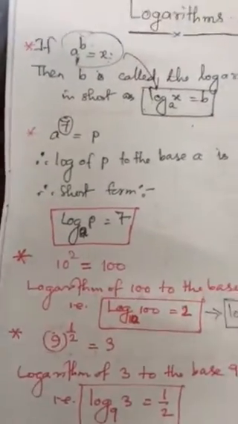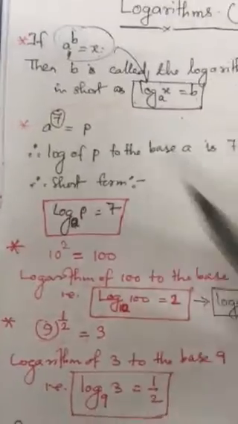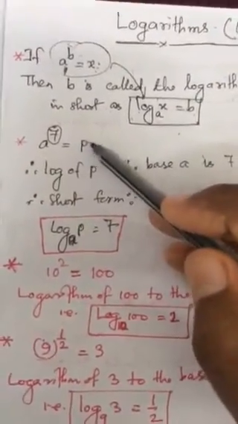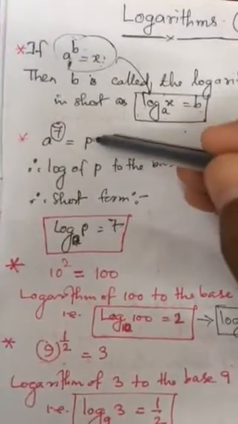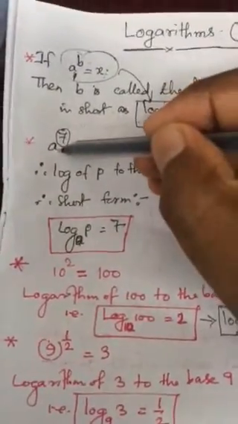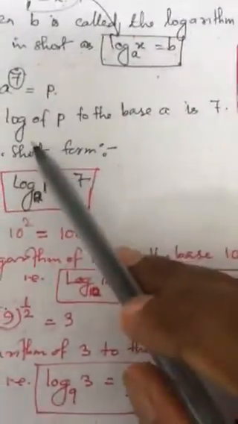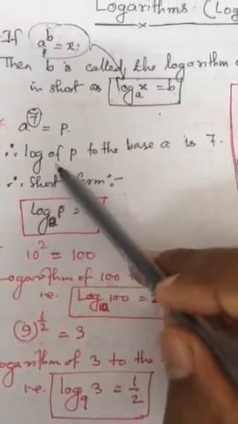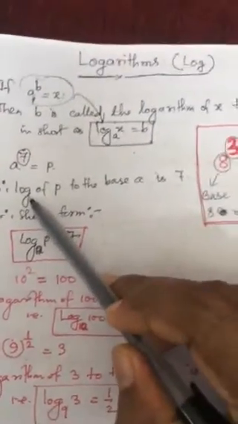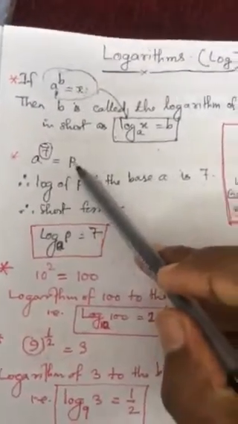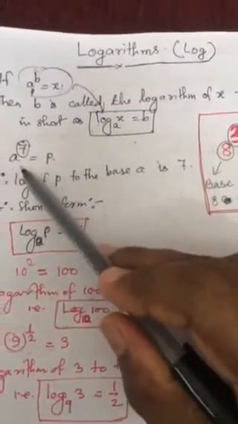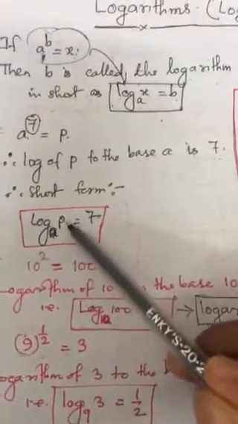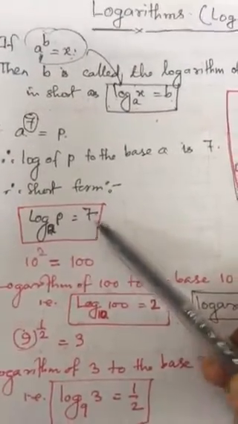So 7 is the logarithm of p, that is, the logarithm of p to the base a is 7. I have not written the long word logarithm, I have written the short form log. So in short form, log p to the base a is 7.